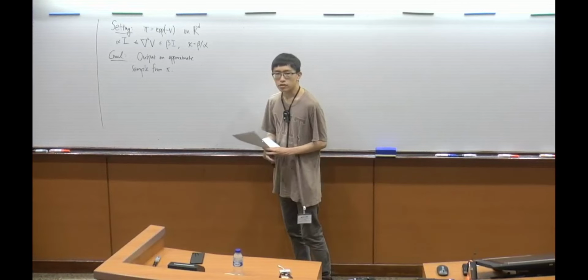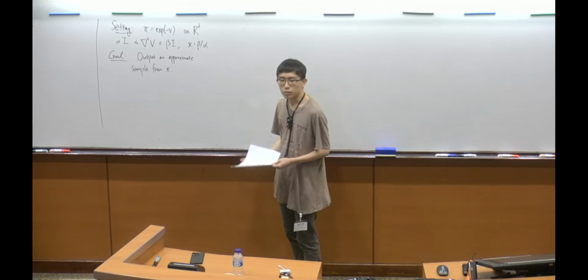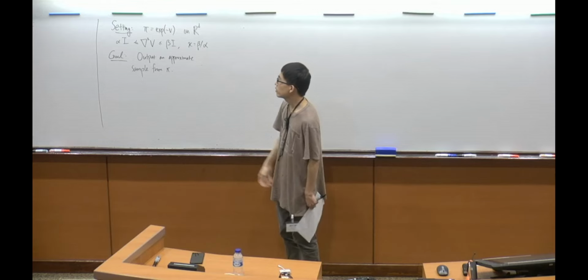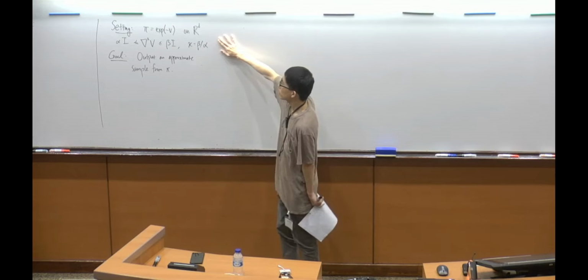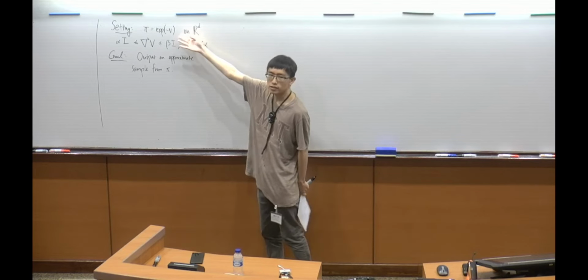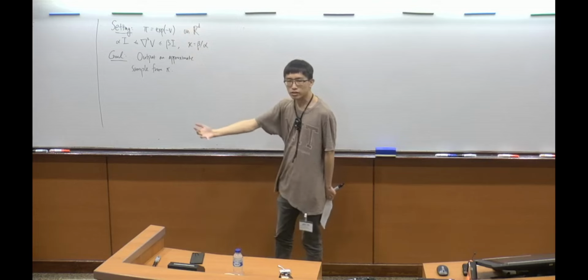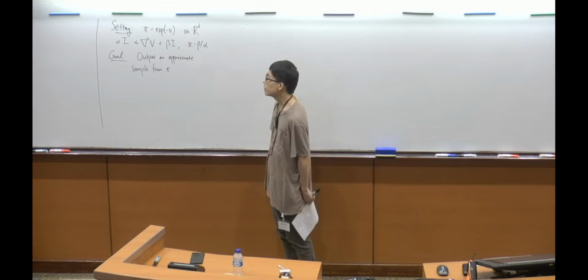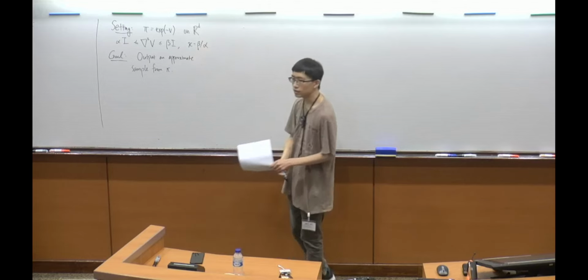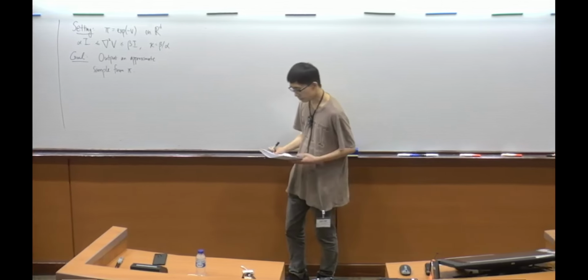And we have a very natural candidate for tackling the sampling problem. It's the Langevin diffusion that we saw in the previous lectures, because as we said, the Langevin diffusion is a stochastic process which has this distribution pi as its stationary distribution. So if we just run the Langevin diffusion for a long time, then it should approach the stationary distribution, and therefore that will be a good candidate for our sampling algorithm.